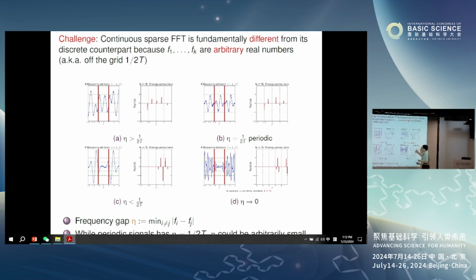Here I know everything about my signal from this limited time domain, and all the frequencies will be on the grid of one half. This is periodic signals. On this page, I will use eta to denote the frequency gap, which is defined to be the minimum gap between two frequencies in my signal x.